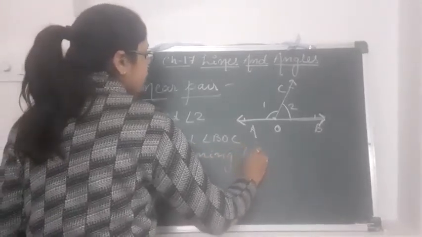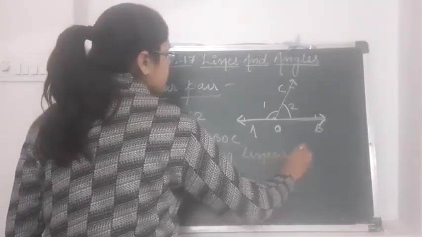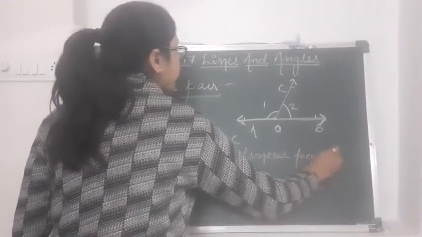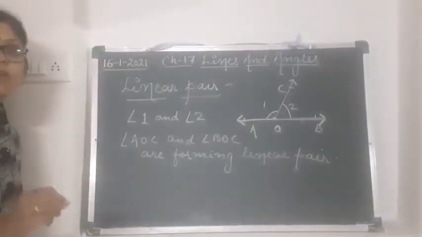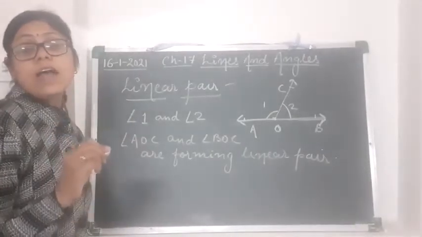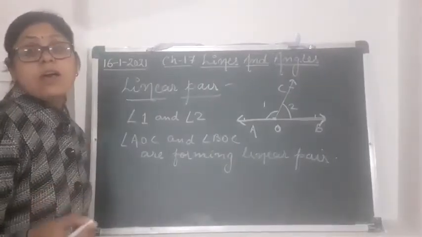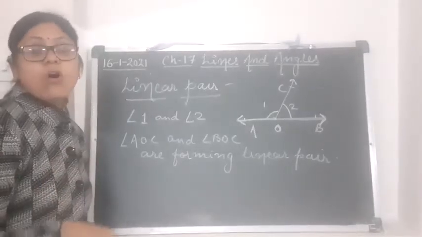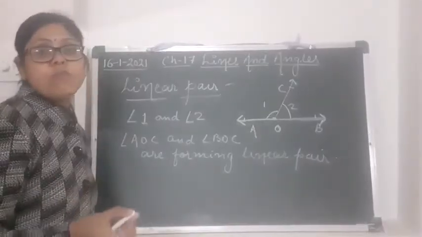What is the need of this concept? When we solve questions, we have to give the correct reason why we are writing 180 degrees: are they forming a linear pair or a straight angle?